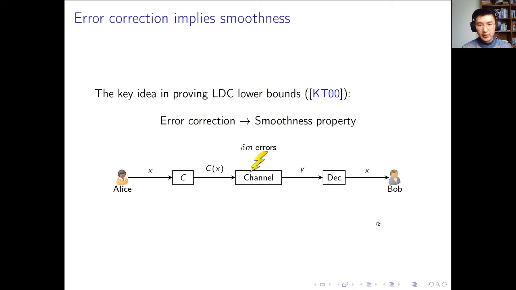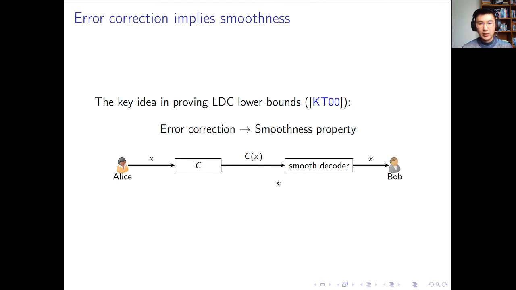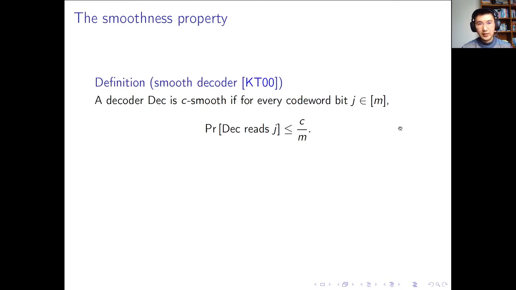Then Katz and Trevisan came up with the idea that we can replace the diagram with this one, where we no longer have errors, but we require that the decoder has a property named smoothness instead. They argue that this already captures what we really want from an LDC, and is sufficient to prove lower bounds for such smooth codes. So what exactly is this smoothness property?